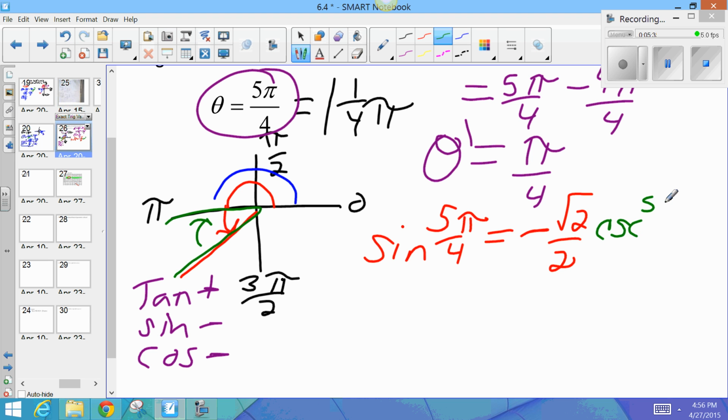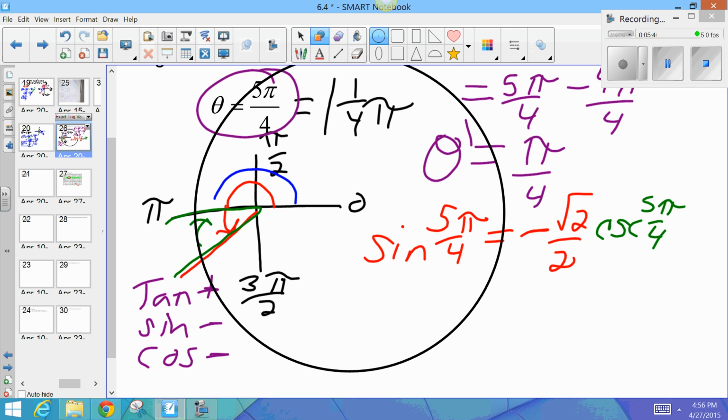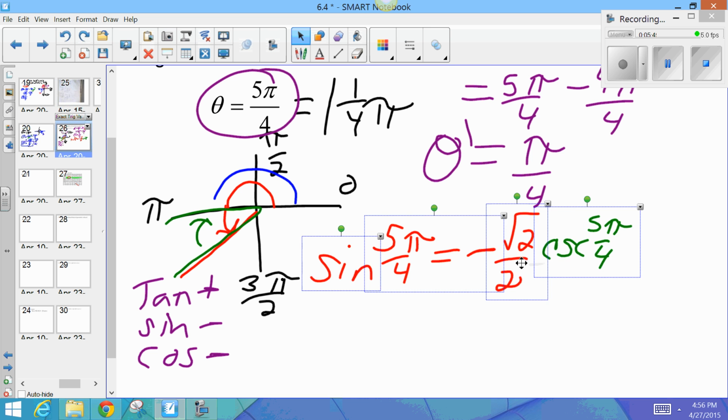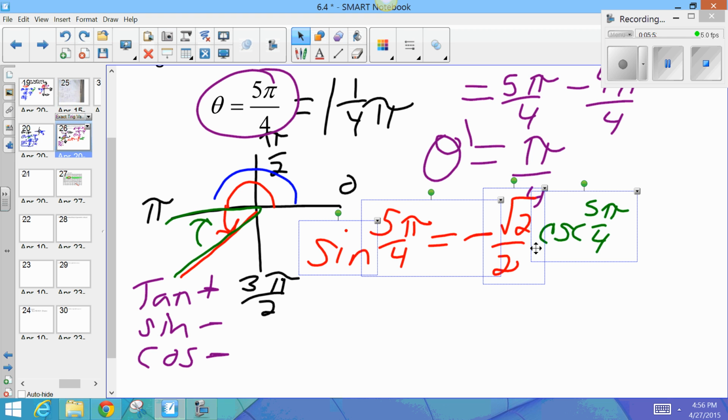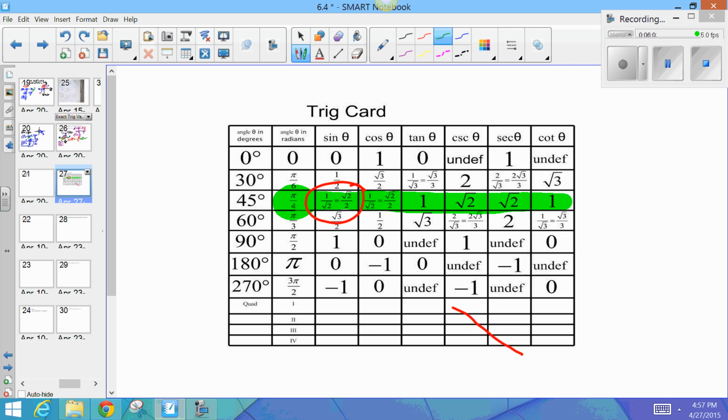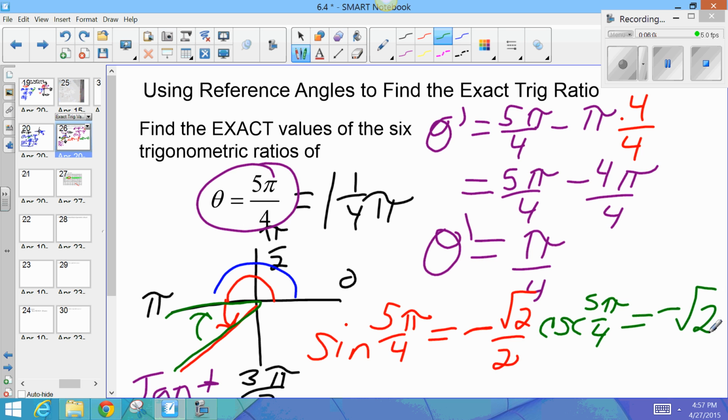Cosecant of 5 pi over 4 is the reciprocal of sine. It is also negative, and using my trig card, cosecant is square root of 2.